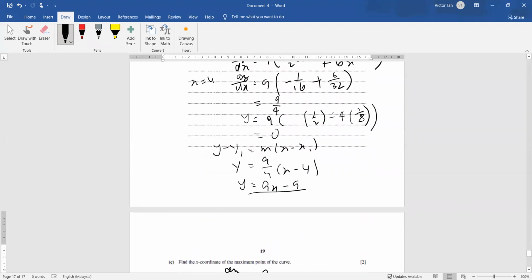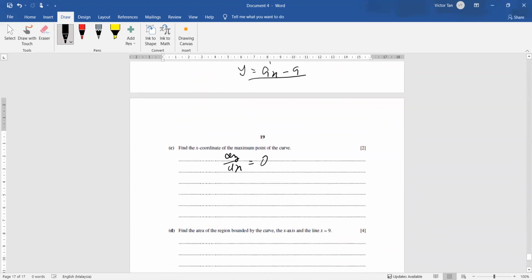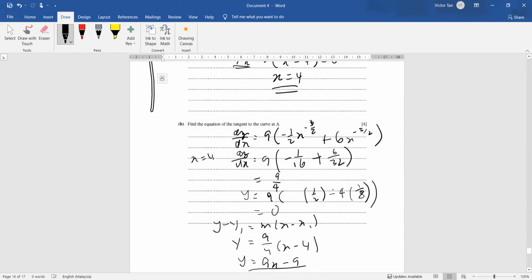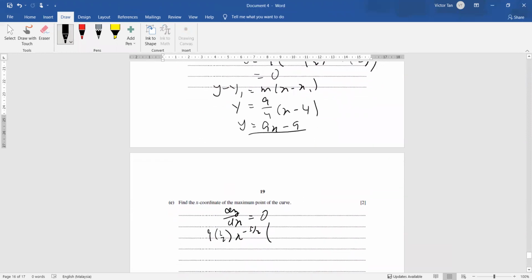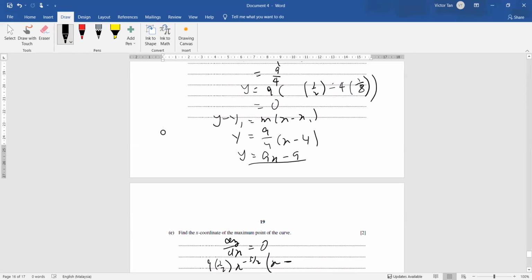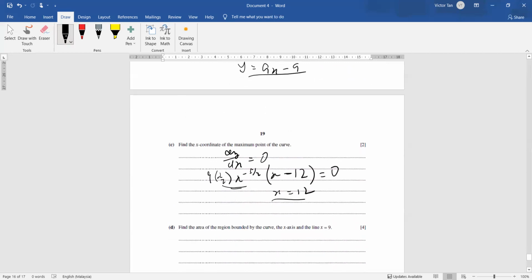So you have, again, you factorize the lower term. 9 times half x to the minus 5 over 2. This is half, minus half x, so you will have minus x. So I put a minus here. So you get x minus 12. This cannot be 0, so x is 12. X coordinate is 12, and that's the answer.